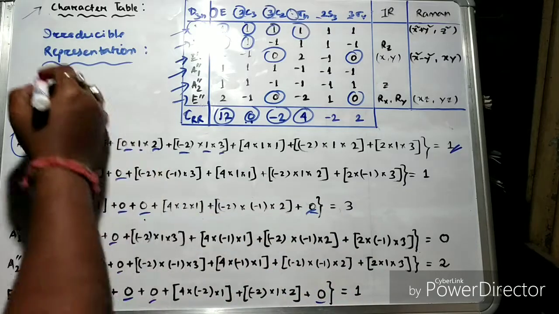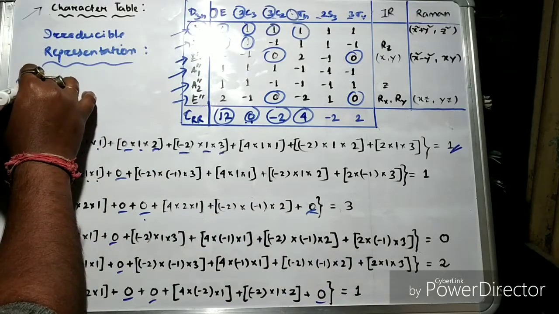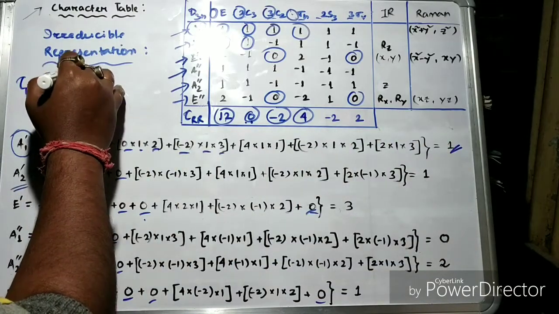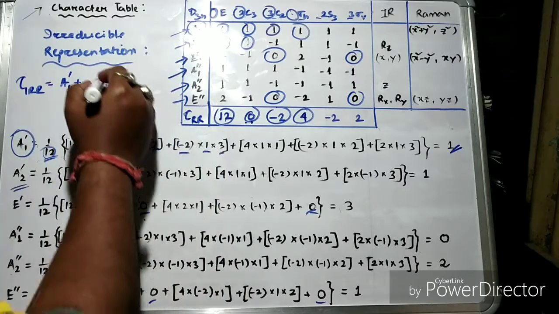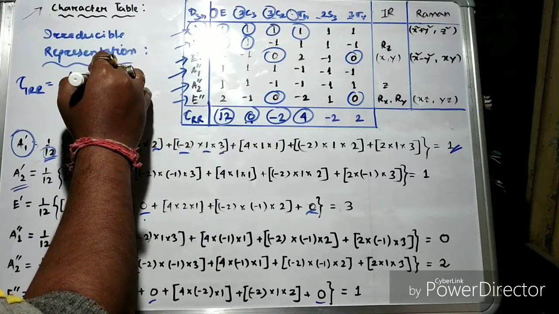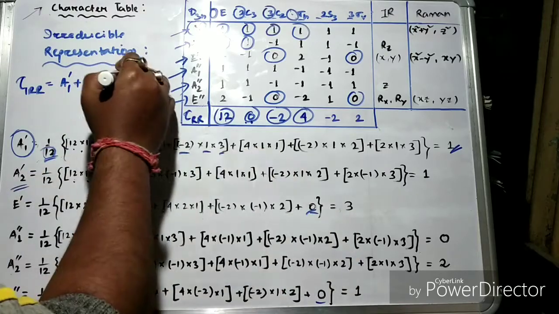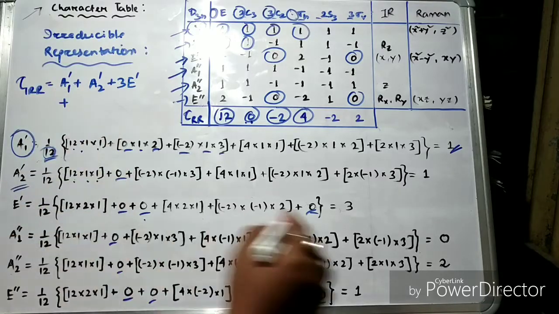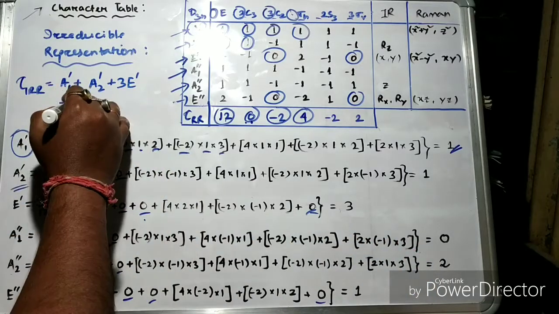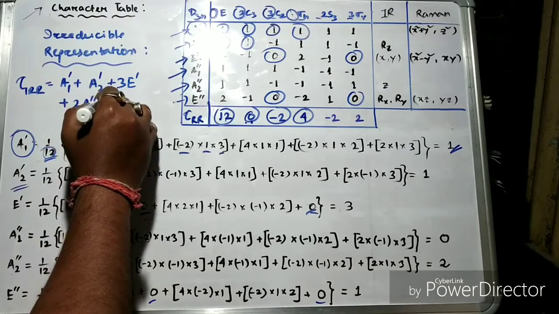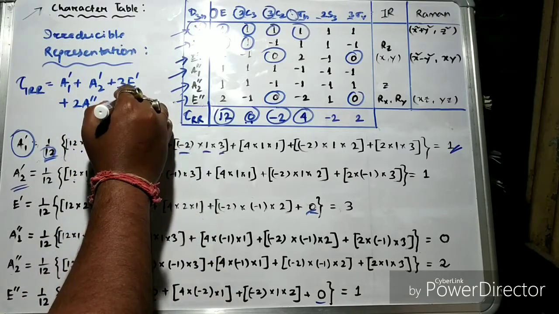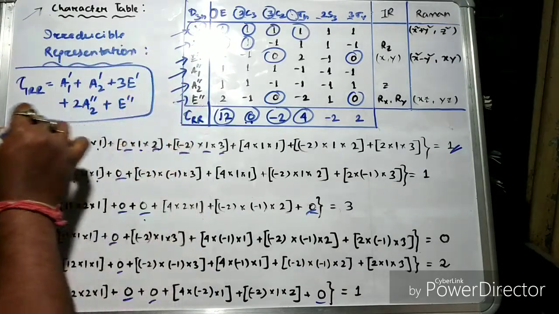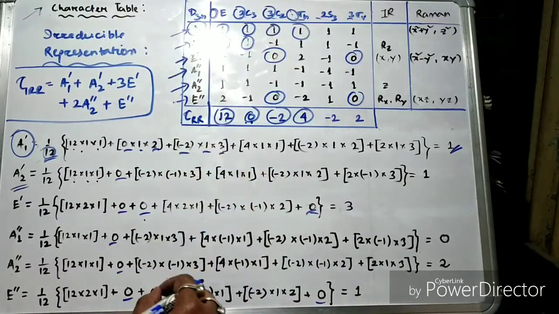So after that we will write the irreducible representation as A1 dash plus A2 dash plus 3 E dash plus 2 A2 double dash plus E double dash. So this is the irreducible representation for this character table.